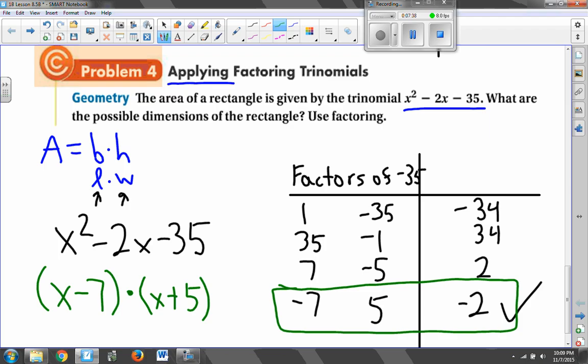The only question for us now is, what does that mean in the context of this problem? They wanted the possible dimensions of the rectangle.